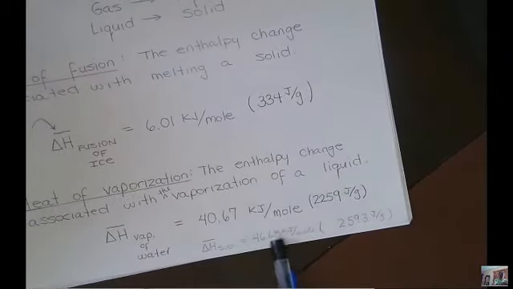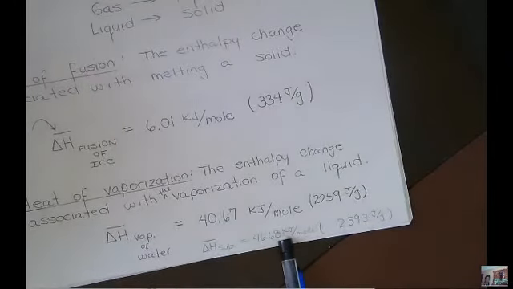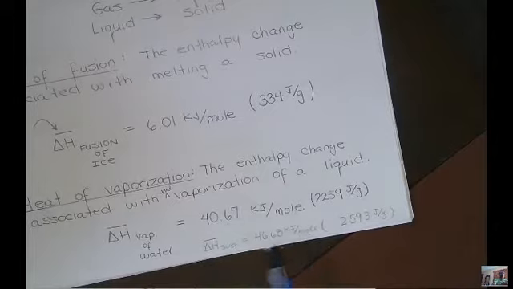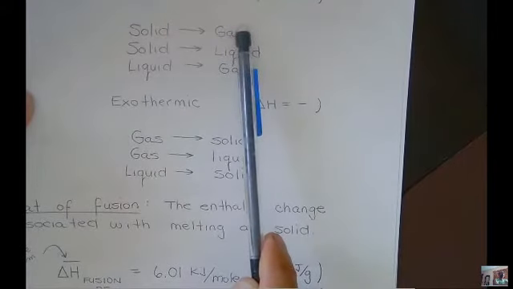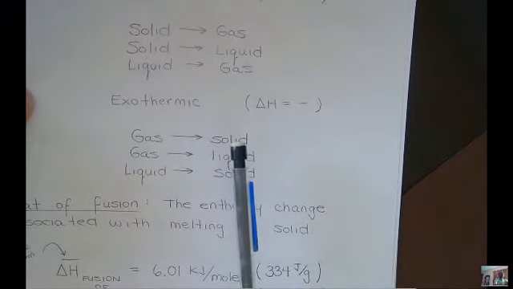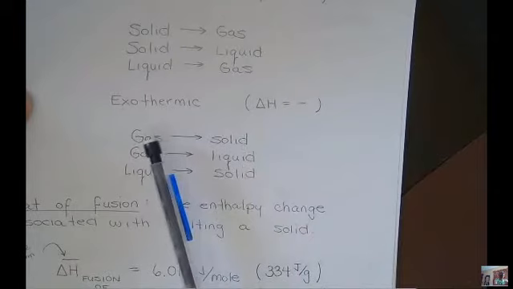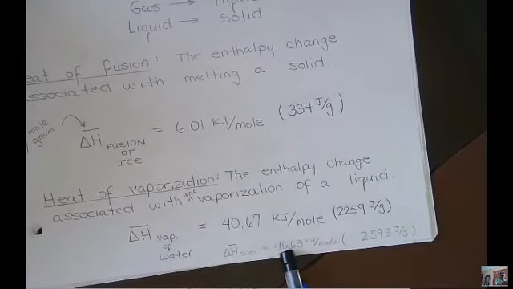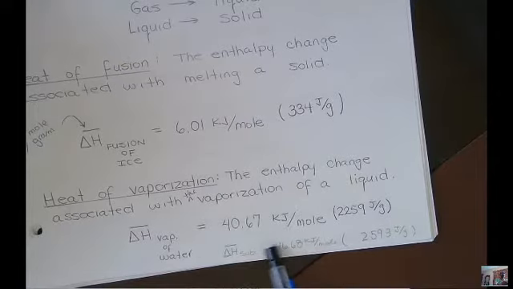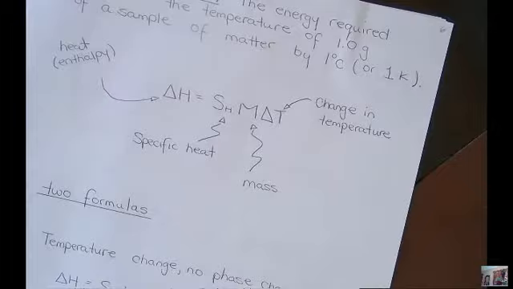Because this 46.86 kilojoules per mole is how much energy it takes to go from a solid to a gas, right? So how much energy does it take to go from a gas to a solid? It would release that much energy. Same number, 46.86, only with a negative sign on it. Okay? Again, don't have to memorize any of those.